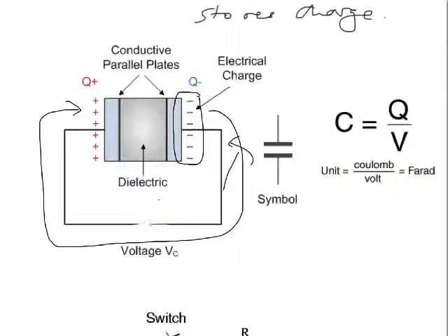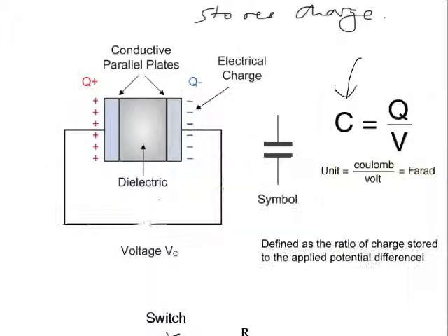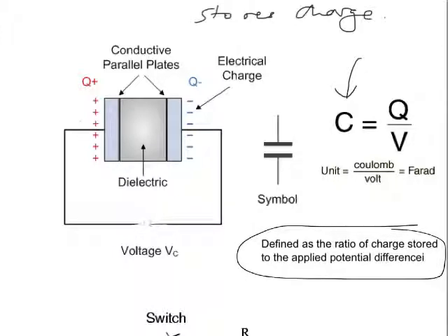Now, the symbol, as it's something you would put in a circuit, the symbol for a capacitor looks like this. If anything, you would have to recognize it rather than to place it inside a circuit yourself. Of course, there has to be some maths in here somewhere, so let's have a look at this quantity, capacitance. It is defined as the ratio of charge stored to the applied potential difference.